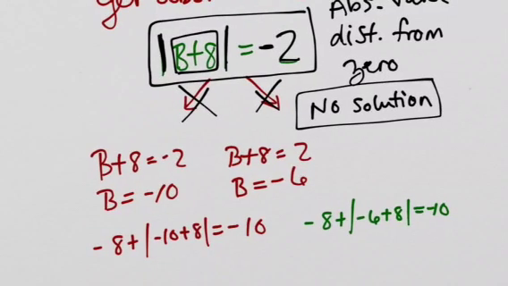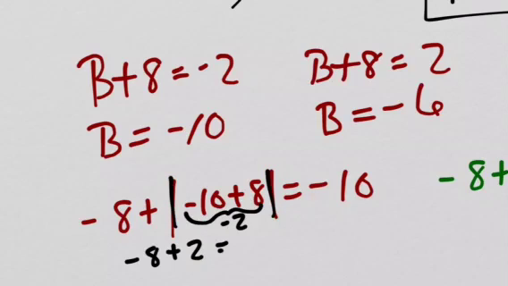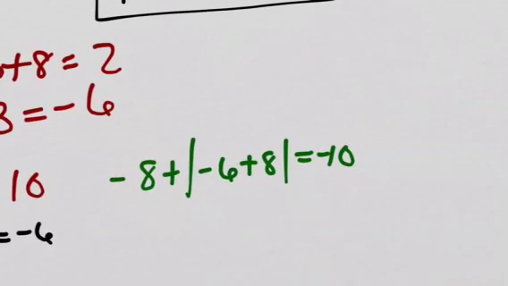If I do a little bit of solving here, I'd end up with -8 plus, and this part becomes -2. But the absolute value makes it positive, and I'm saying that -8 plus 2 equals -10. Well, that's not true. It actually equals -6. So there's the issue. b equals -10 does not work. Let's check the other side.